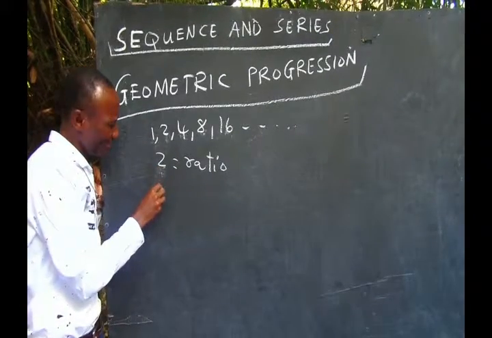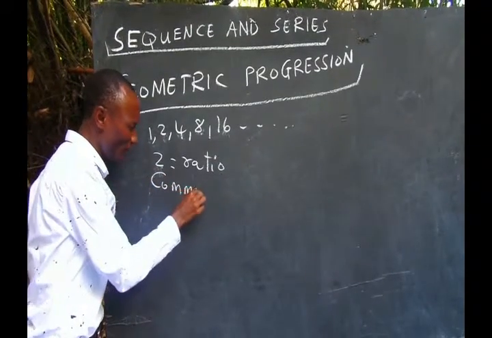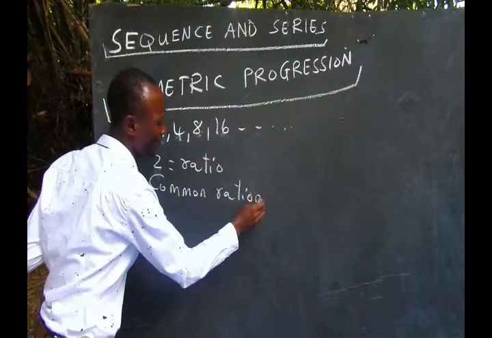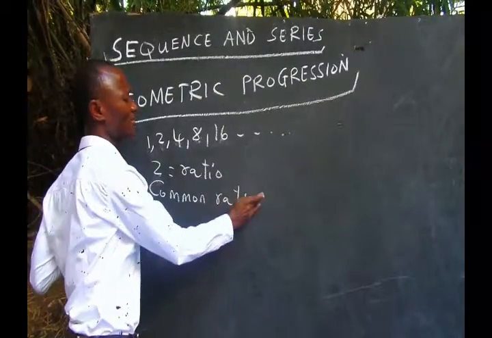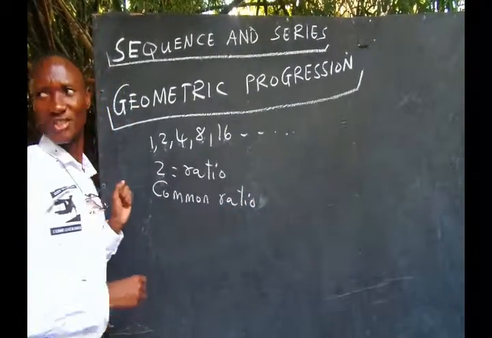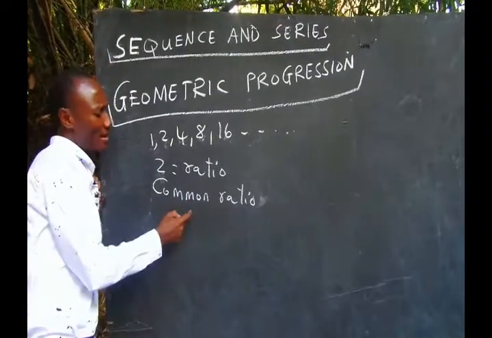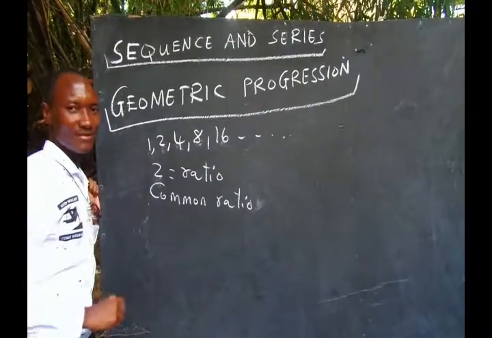So it is called the common ratio, my best friend. Common ratio is a number which is obtained by dividing.